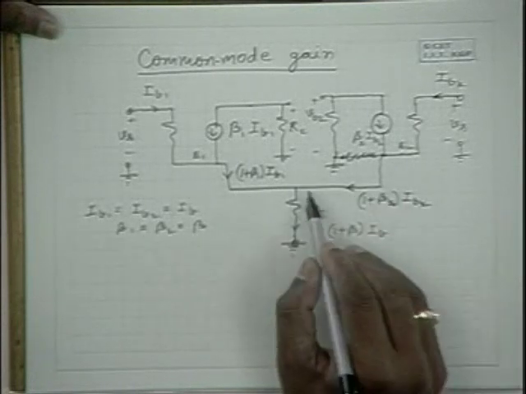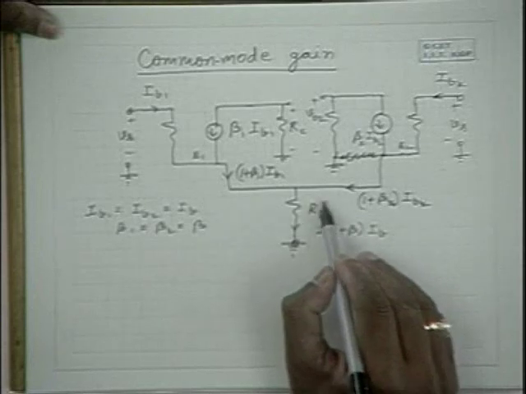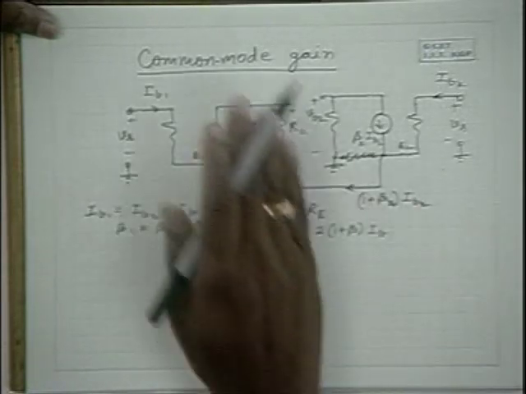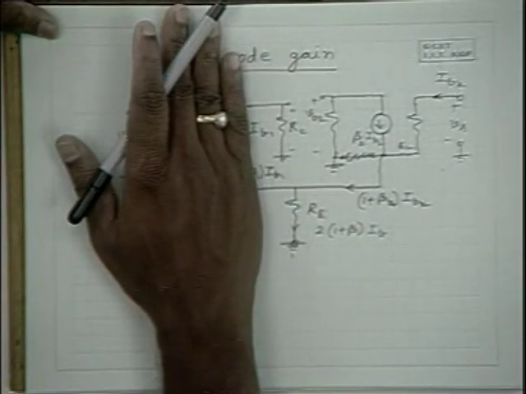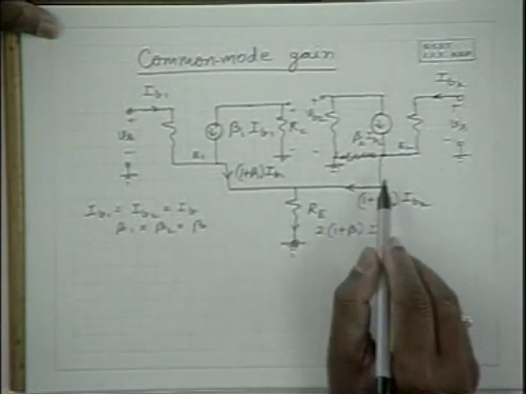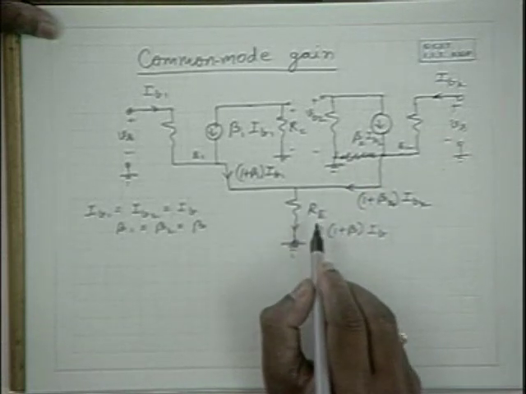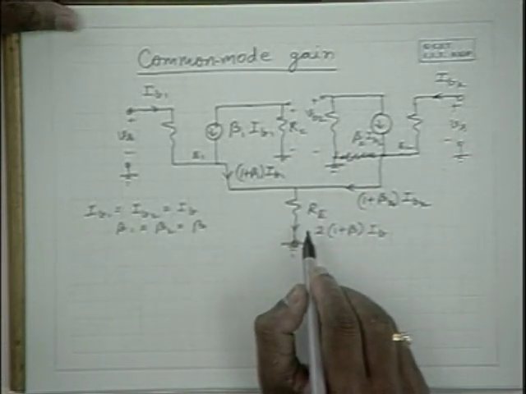And if you want the same voltage drop to be shown with this current itself, it is possible when this Re is equal to 2 Re and this stage is removed. Therefore, the analysis can be carried out with one stage itself with Re replaced by twice Re.